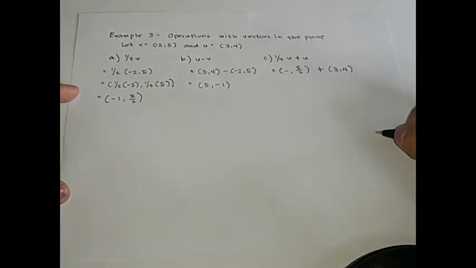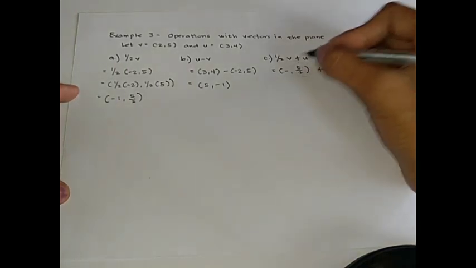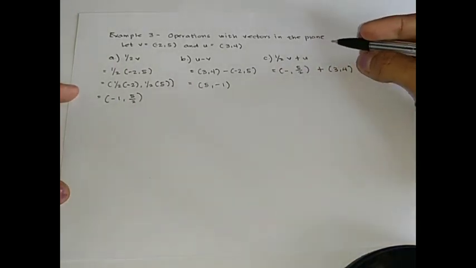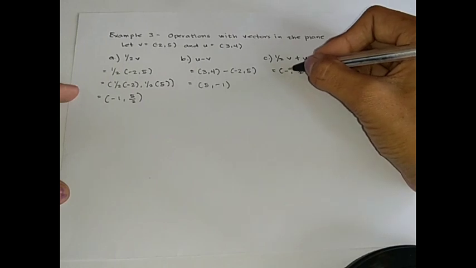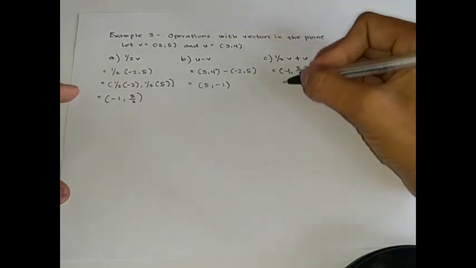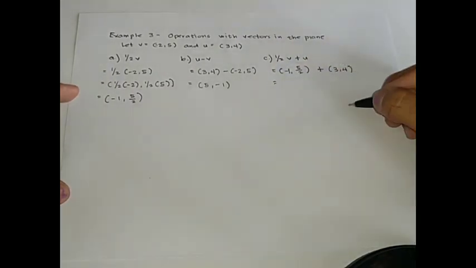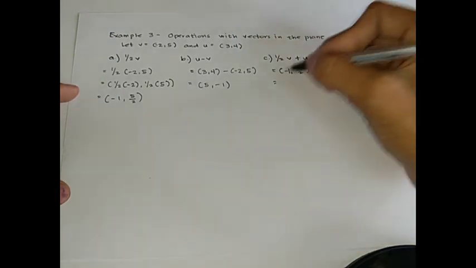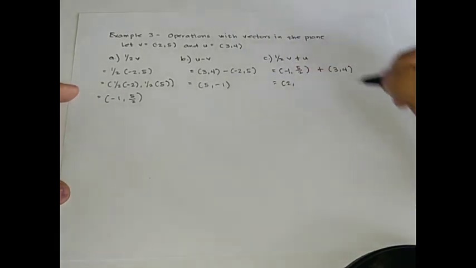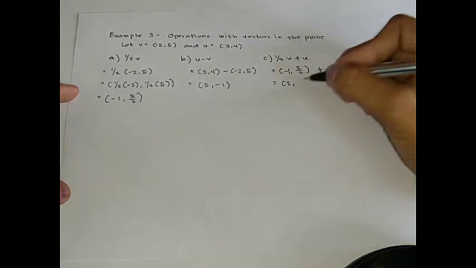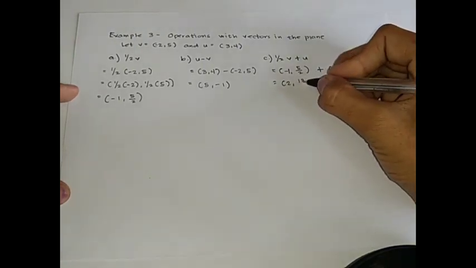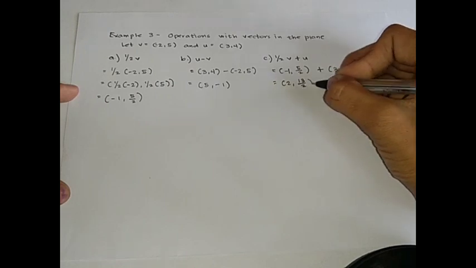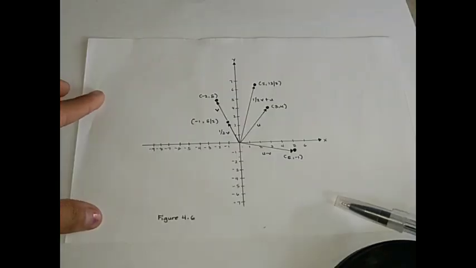Then add their corresponding components. -1 plus 3 is equal to 2. Then 5/2 plus 4 is equal to 13/2.